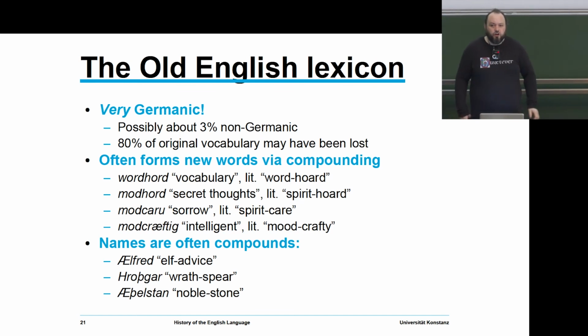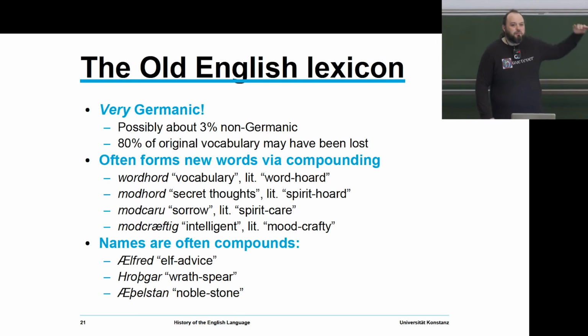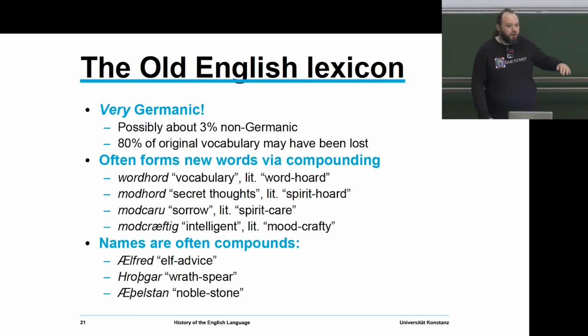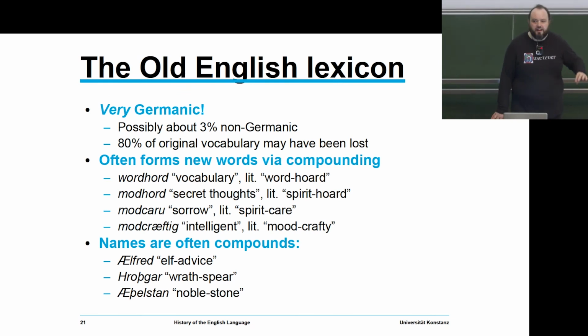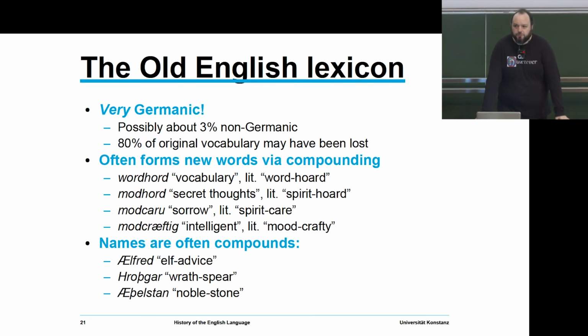Like, for instance, hronrad, meaning a hron is a whale, so the road of the whale. Right? If you think of a whale, I mean, it's not a vehicle, it doesn't really need a road, but what would the whale's road be if it had one? It would be the sea. So hronrad is a poetic word for the sea, meaning whale road, literally. Another word used for the sea in Beowulf, or a phrase actually, is ganot's bath. So a gannet is a seabird, it's a kind of seagull, and bath is bath, right?